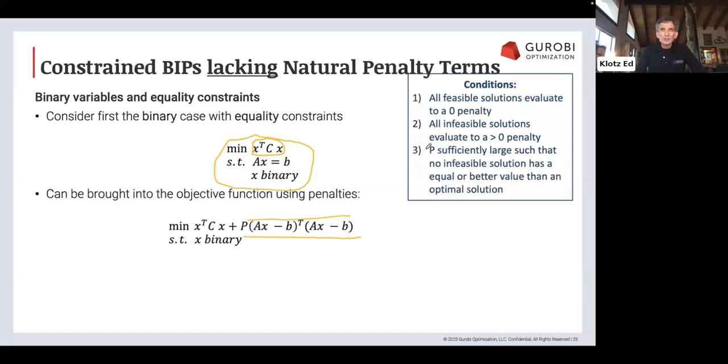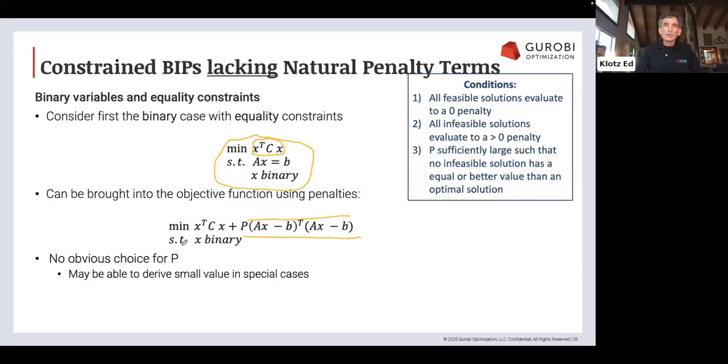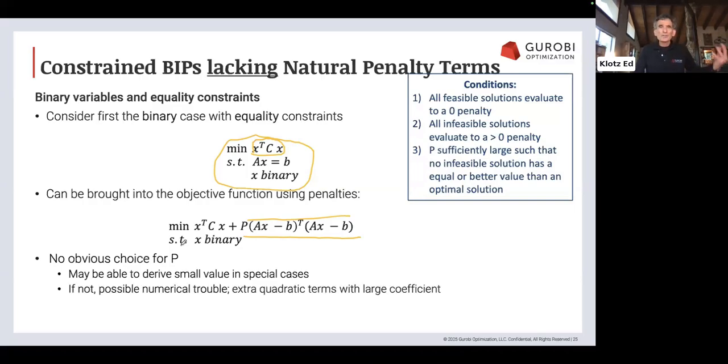The real question is, how do we choose P so that it's big enough so that we aren't attracted to infeasible solutions because they have equal or better objective values than an optimal solution? So in general, there's no obvious choice for P. What we want to look at is how do we get a handle on trying to derive small values in special cases. We already touched on the fact that the annealer has issues with wide ranges of coefficients.